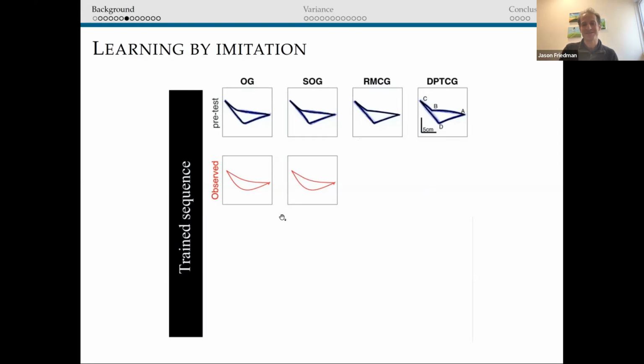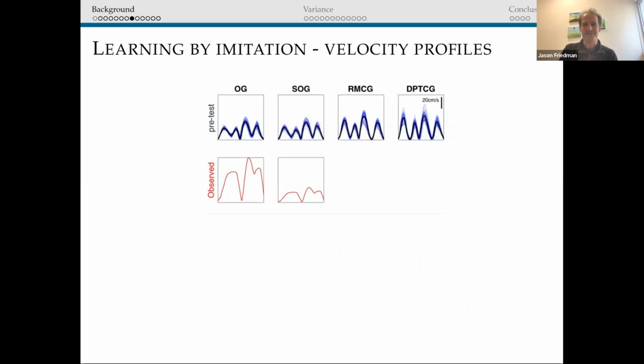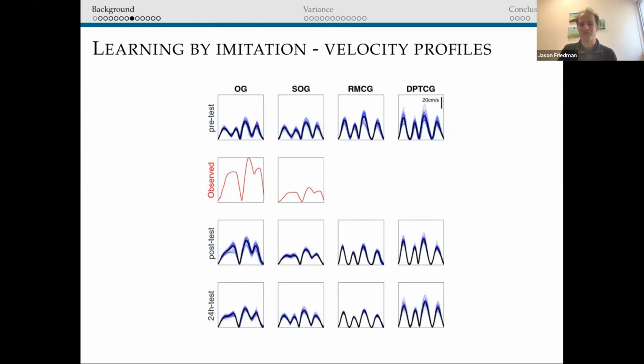And so we can see in this task, by this learning by imitation, the 2 groups that saw the observation, the difference here was just that one was slower than the other. The groups that observed it were able to perform this much better, and the groups that didn't see this hardly improved over the rest of the session. We can see the difference between the groups that did observe and those that didn't in the velocity profiles.